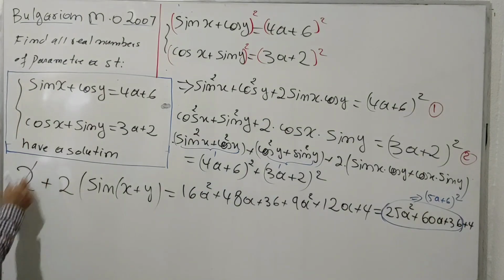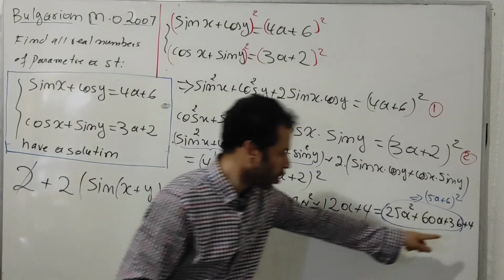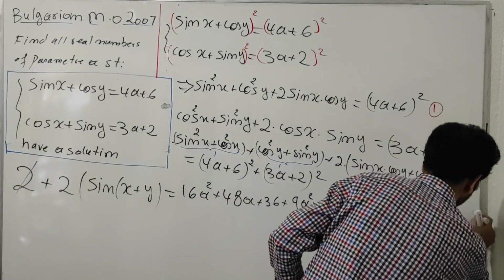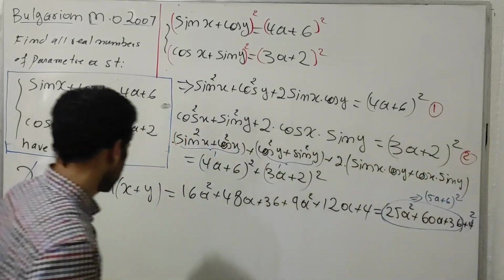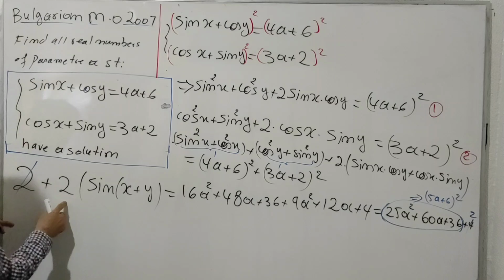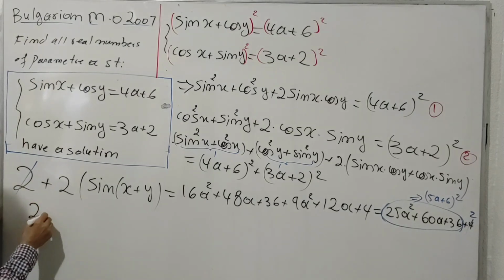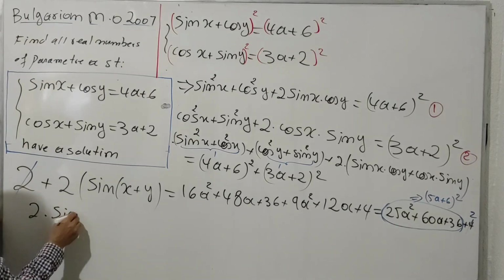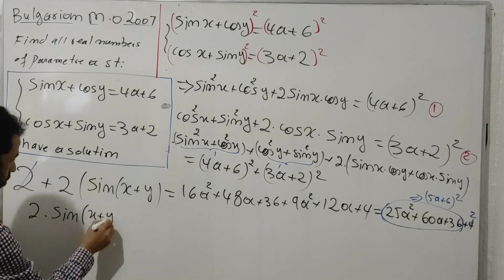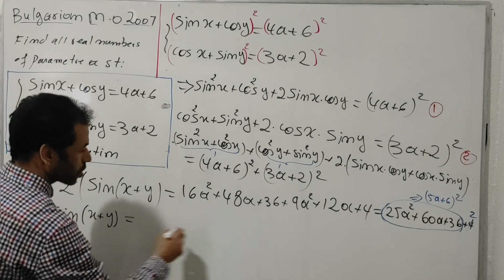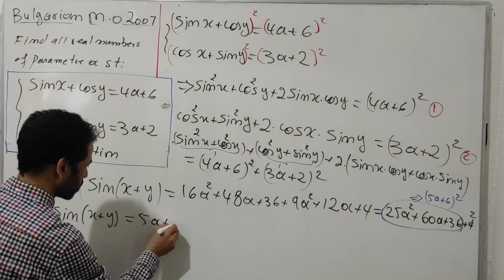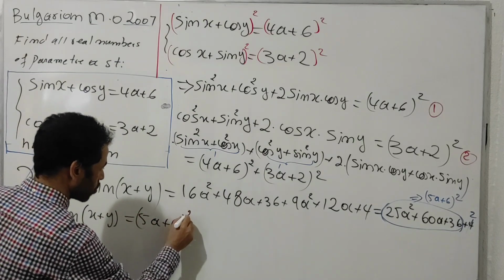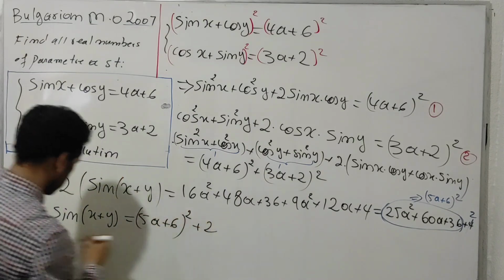These two will be cancelled out because we have 4 here, and this one turns into 2. So I will have the following expression: 2 times sine of x plus y equals 5a plus 6 squared plus 2.